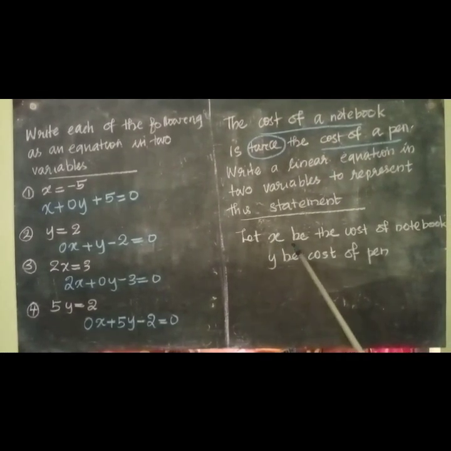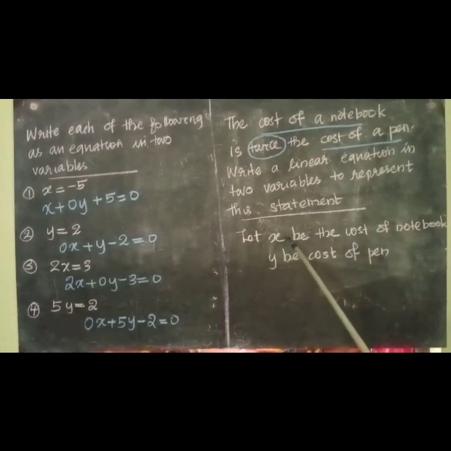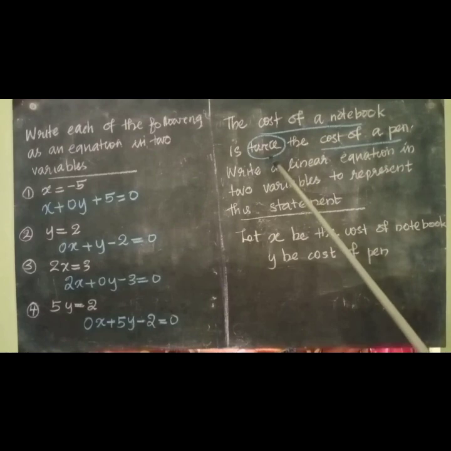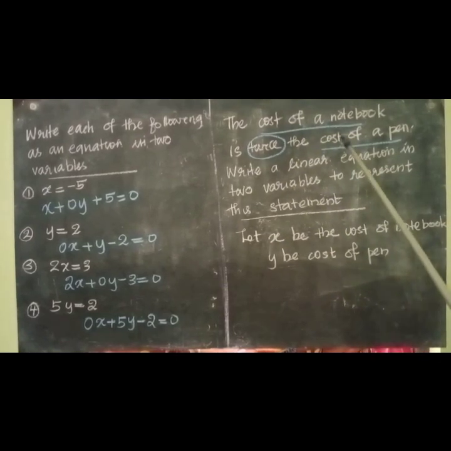So let us consider x be the cost of the notebook and y be the cost of the pen. You can take any variable for the cost of notebook and cost of pen. Here I have taken x as the cost of notebook, y as the cost of pen. So according to the condition, what can we write? The cost of the notebook, that is x, is 2 times the cost of pen.